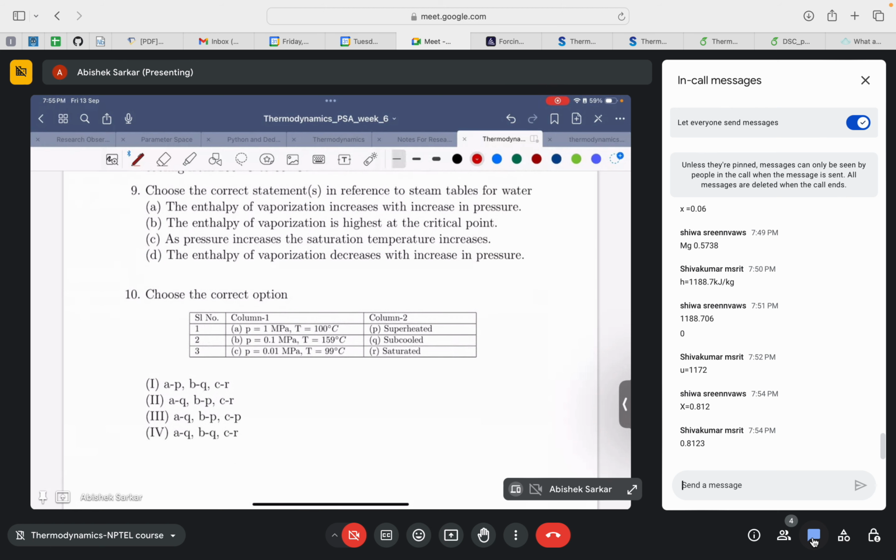A, the enthalpy of evaporation increases with increase in pressure. B, the enthalpy of evaporation is highest at the critical point. C, as the pressure increases, the saturation temperature increases. D, the enthalpy of evaporation decreases with increase in pressure. So tell me the correct option or options.